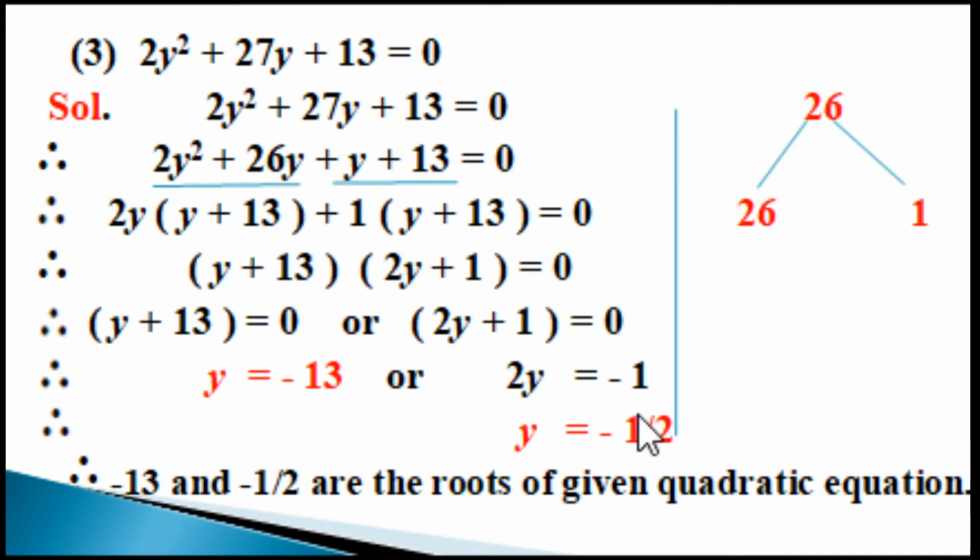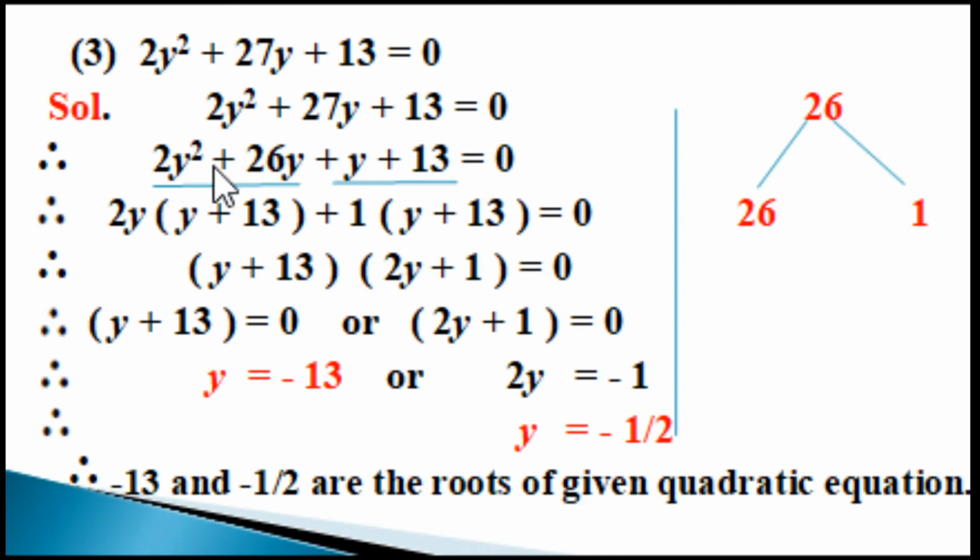Question number 3: 2y square plus 27y plus 13 is equal to 0. Here a is 2 and c is 13. So 13 twos are 26 and the addition will be 27. Therefore the numbers or factors are 26 and 1. So 2y square plus 26y plus y plus 13 is equal to 0.